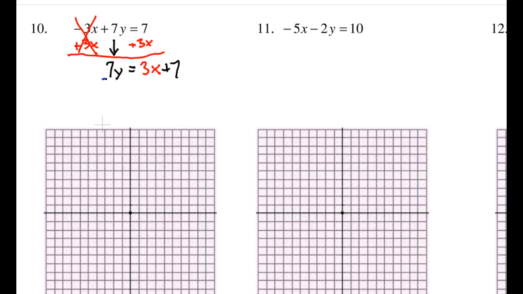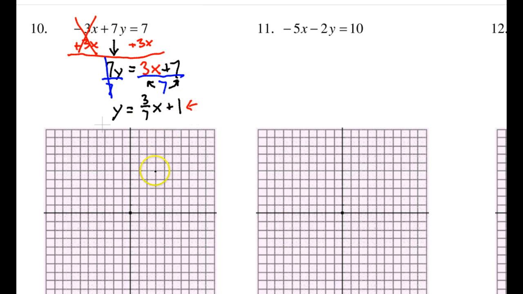The last step is to divide by 7 on both sides. 7 divided by 7 is 1, so 1y equals, now distribute the 7. We have 3 over 7, which does not reduce, so just rewrite 3 over 7x. And then we have 7 over 7, which does reduce to positive 1.